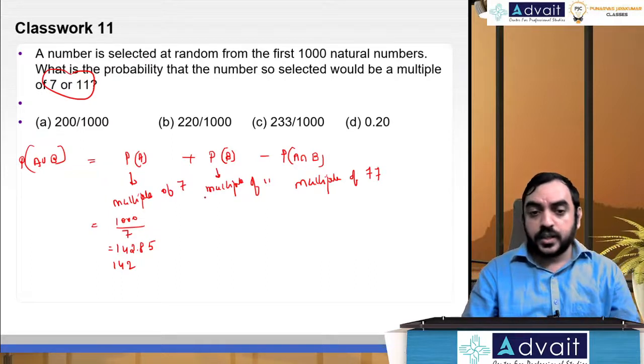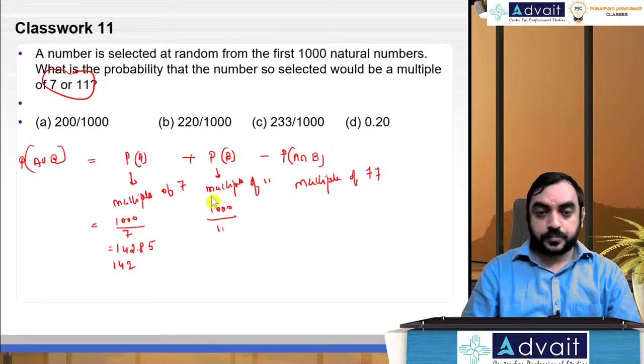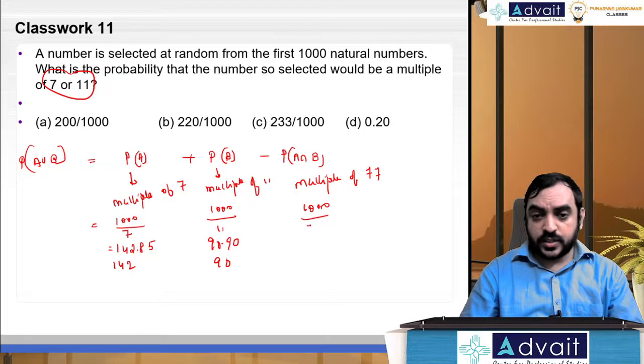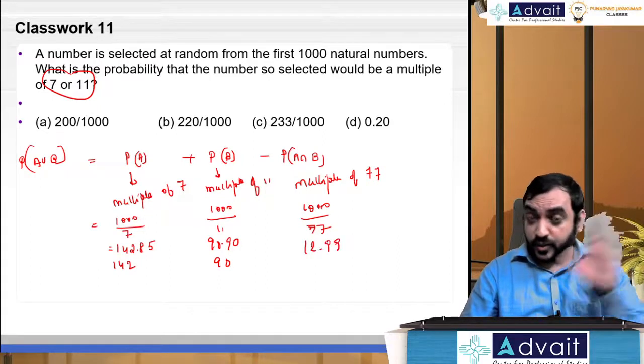Then multiple of 11, 1000 divided by 11, that is 90.90, which you round off to 90, not round up, round down. Then multiple of 77, 1000 by 77, 12.98, round it off to not 13, round down.